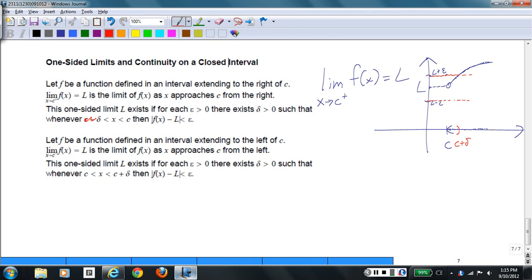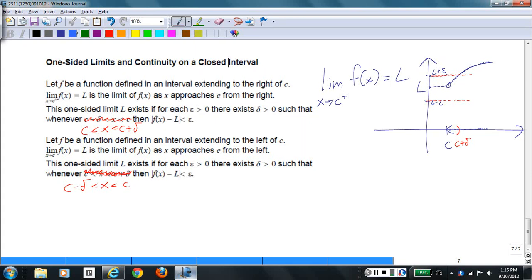So here should say x is between c and c plus delta. X is approaching c from the right, so we're considering values a little bit greater than c. And here, x is between c and c minus delta. Not likely that I'm going to ask you to pull out the epsilons and deltas on the next test, so no worries there. I just wanted to make sure this definition was at least correct, and sadly, it was not. So we can fix it though.